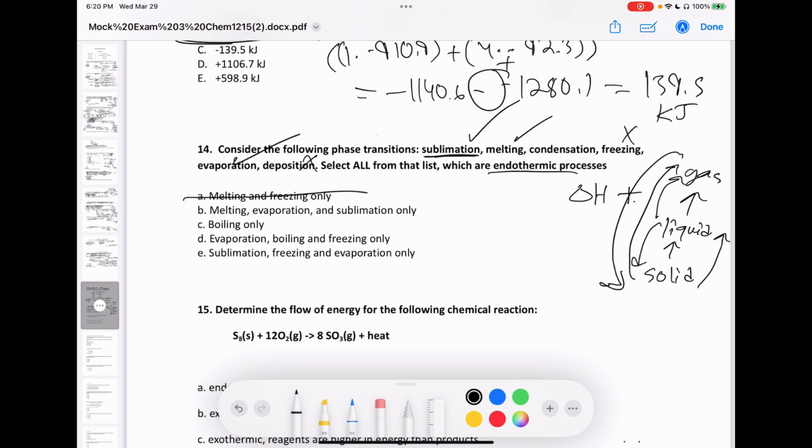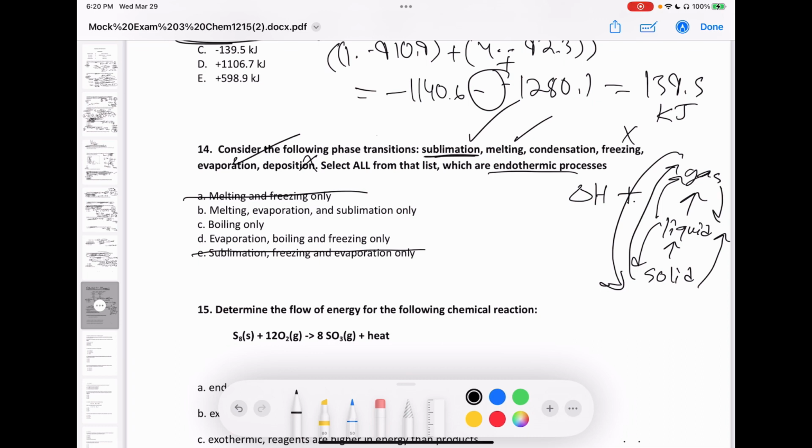So we can automatically cancel out anything that is freezing or deposition. So not A. Not this one. Evaporation is not even on this, or condensation, so we don't have to worry about that. Hold on, I'm freaking out right now. There's condensation. Okay, so condensation is going from a gas to a liquid.